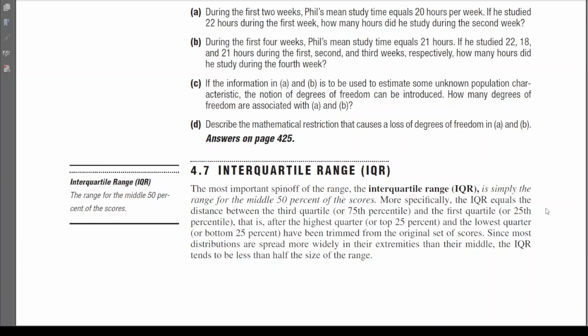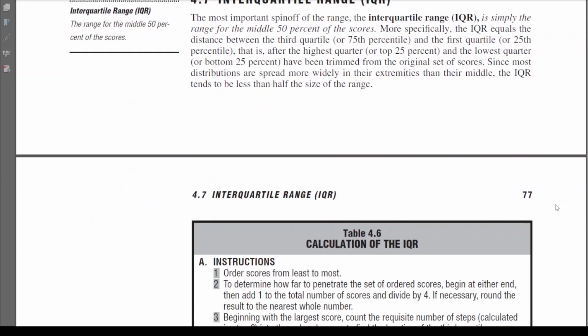Coming to another metric of variability, the interquartile range. The interquartile range is simply the range for the middle 50% of the scores. More specifically, the IQR equals the distance between the third quartile and the first quartile. Since most distributions are spread more widely in their extremities than their middle, the IQR tends to be less than half the size of the range.